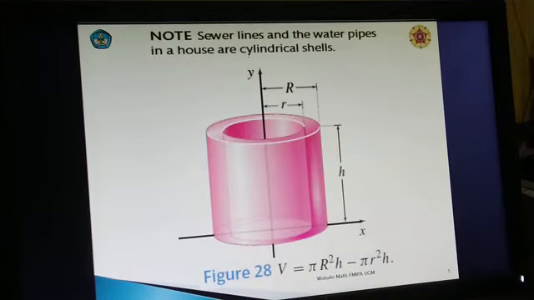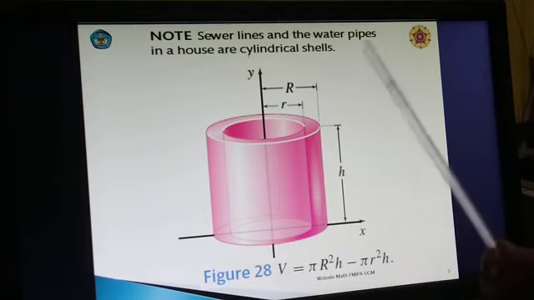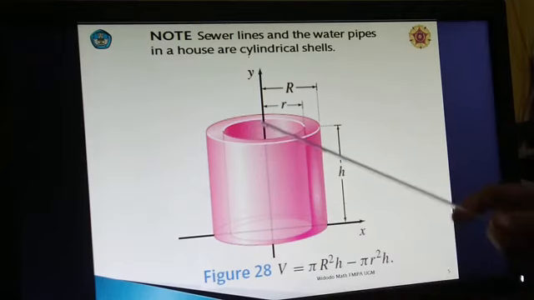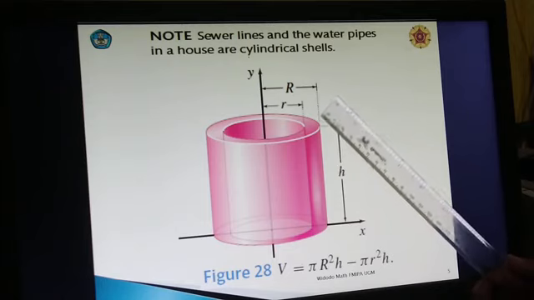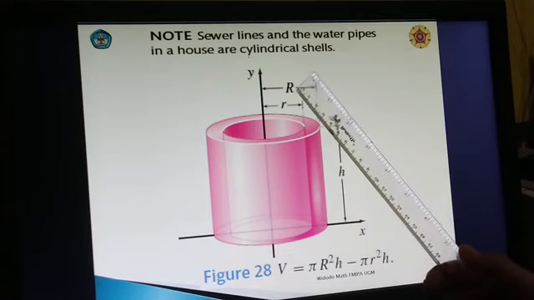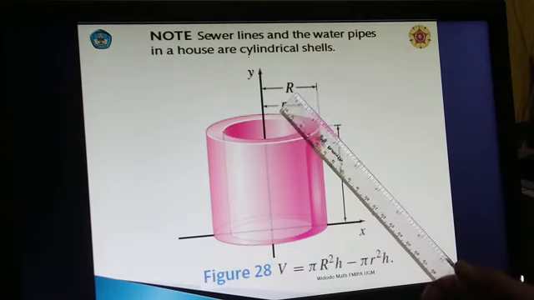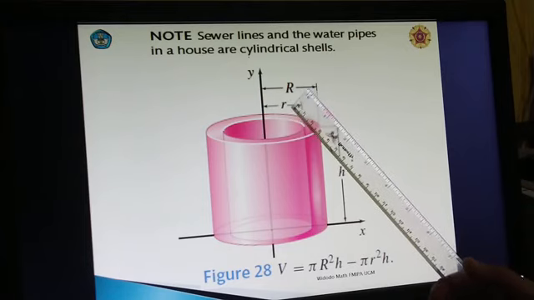Here we have an illustration of the idea of the cylindrical shell. At home, usually we have water pipes forming a cylindrical shell. The cylindrical shell actually consists of 2 cylinders: the outside cylinder with radius big R, and the inside one with small r.